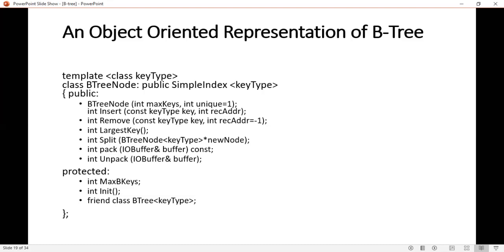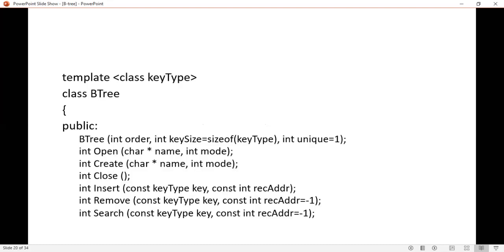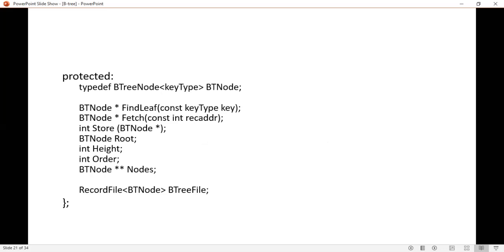You can have one more class for B-tree, class B-tree, where you have open, create, close, and inserting a key, removing a key, searching for a key using the record address, and the following protected members to store the height, order, nodes, and everything, record address, all those.